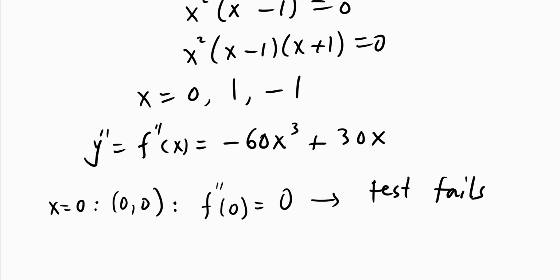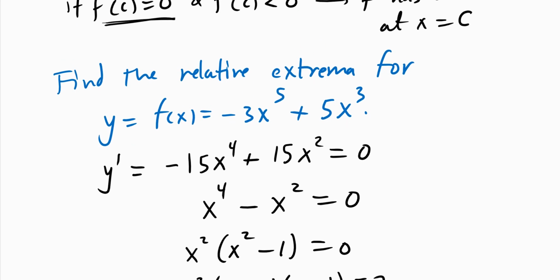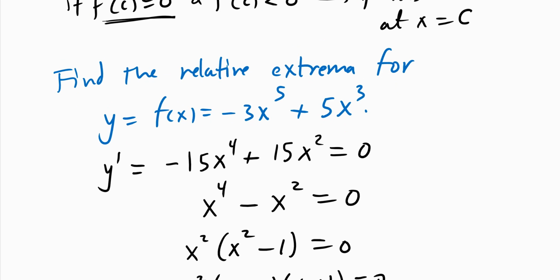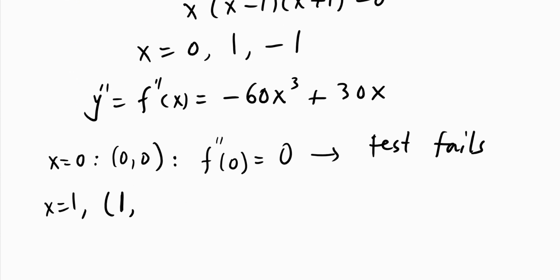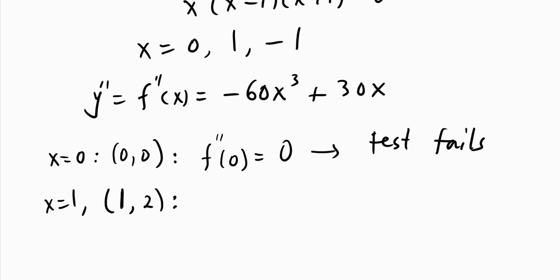If I do at x equals 1, the point would be 1 comma, substitute into the original function, negative 3 plus 5. So that's a 2. So the second derivative at x equals 1, what do we get? If you substitute in, you're going to get negative 60 plus 30. That's negative 30, less than 0.